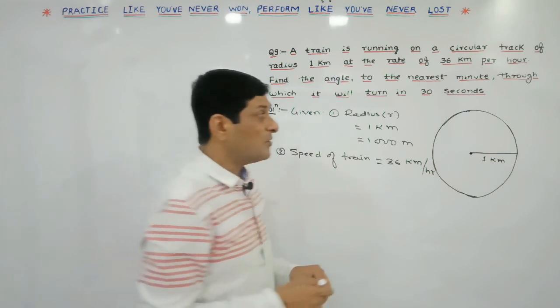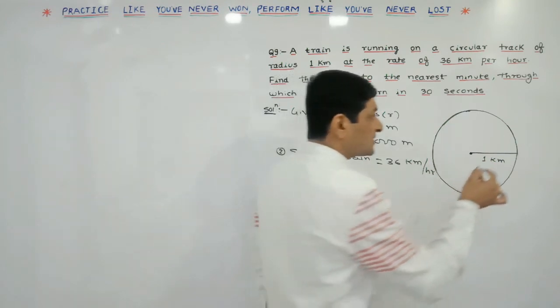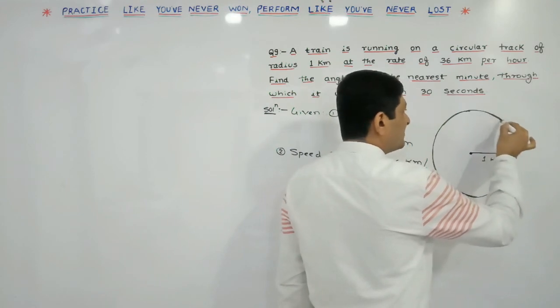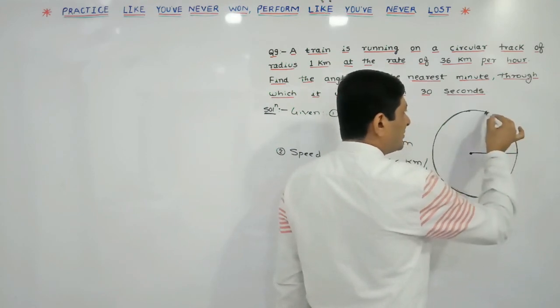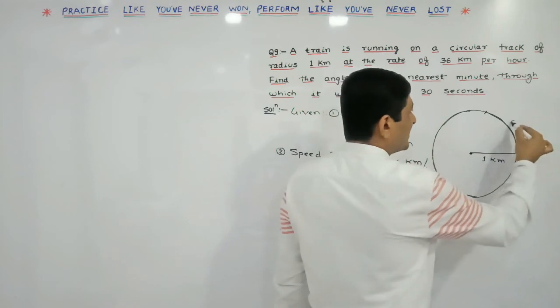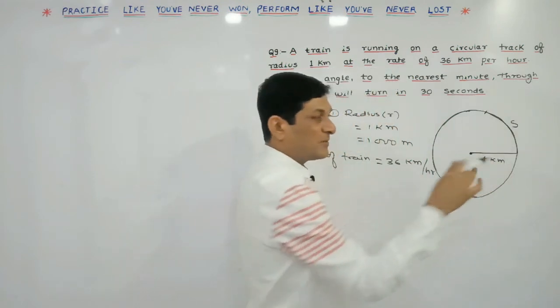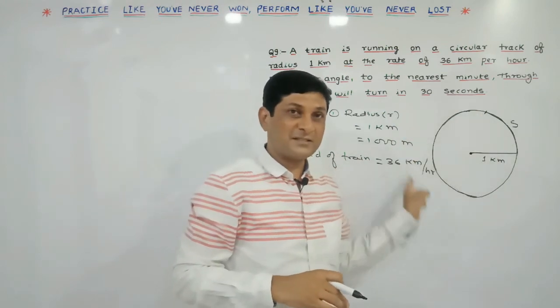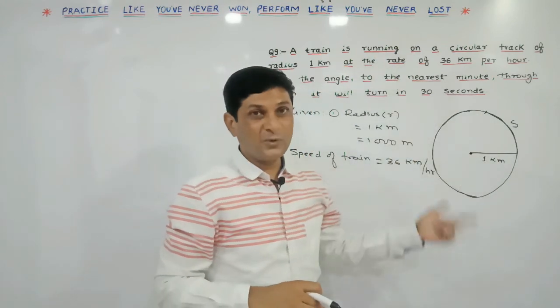So we have to find out the angle subtended by this train at the center in 30 seconds. Now our aim is to find out the distance traveled by this train in 30 seconds. Suppose this is the distance traveled by the train in 30 seconds, it will become our length of arc. Here the train is running on a circular track.